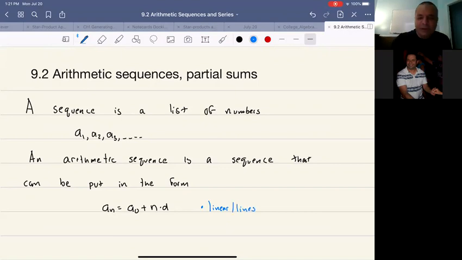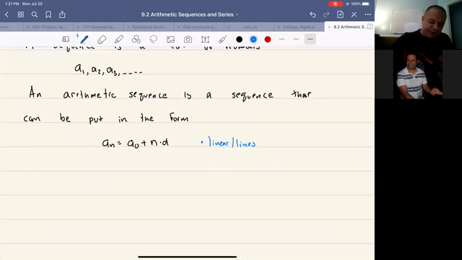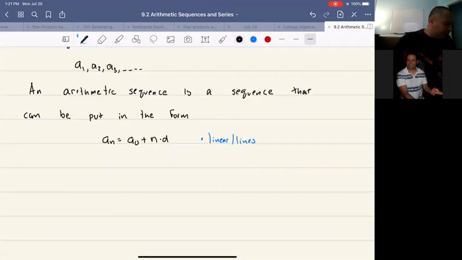Okay, so let's start with some examples. As a first example, let's take 10, 7, 4, 1, -2, and so on.